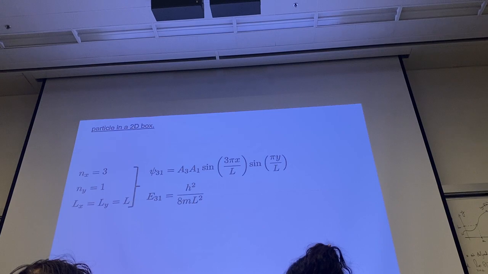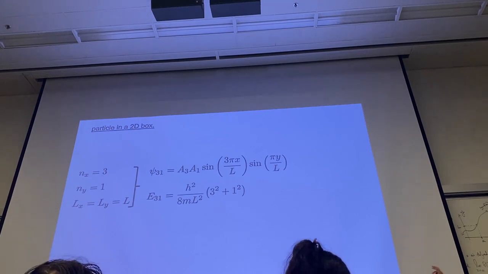What is the energy? The energy is a bunch of prefactors, where L now is the same for each, so L becomes also part of this prefactor. And then I have nx squared plus ny squared, which is 3 squared, because that's nx, plus 1 squared, that is ny.